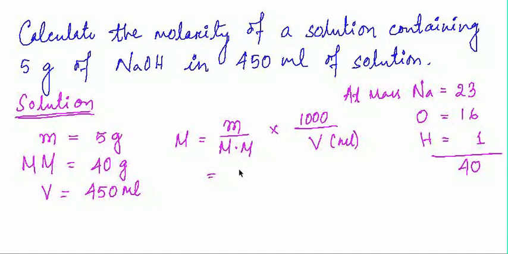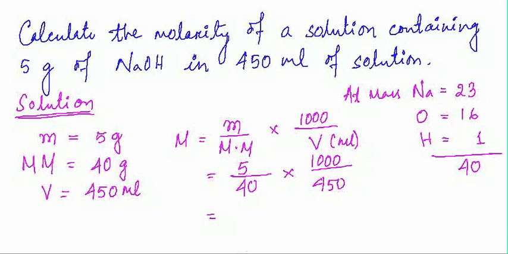So now we have M is equal to 5 grams divided by molecular mass, that is 40, multiplied by 1000 divided by 450, which is the volume given to us.